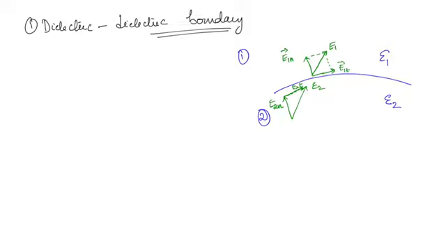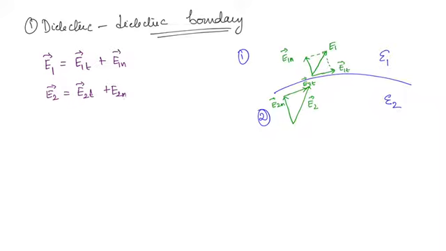This is how the electric field is in the first and the second medium. So E1 bar will be E1t bar plus E1n bar, and similarly E2 bar will be E2t bar plus E2n bar. These are the two equations.